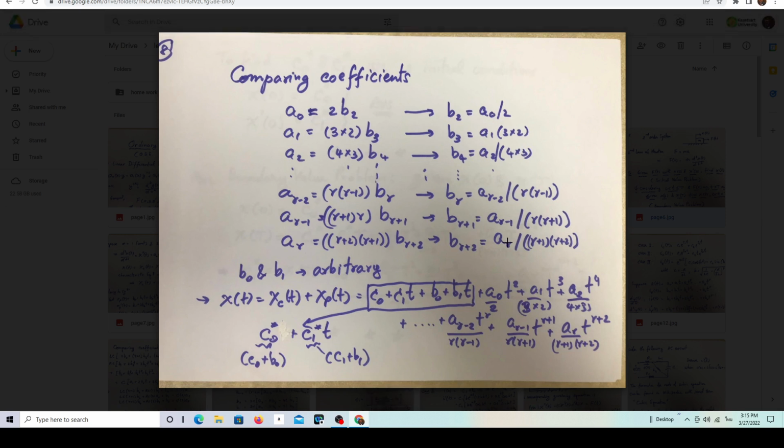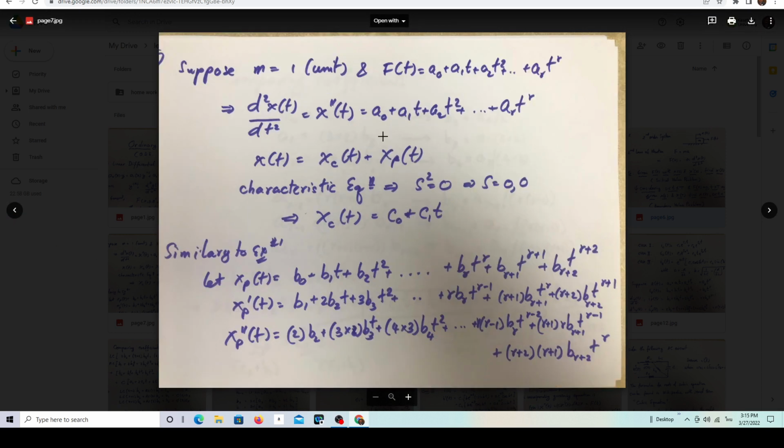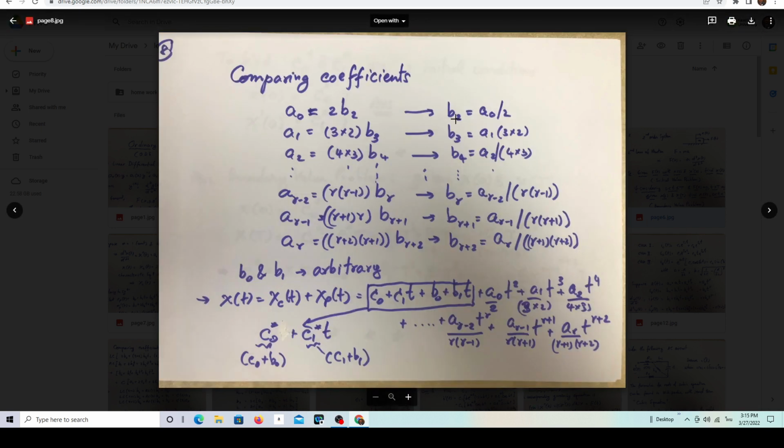You might wonder that this starts from b sub 2, b sub 3, b sub 4 up to b sub r plus 2. But what are b sub 0 and b sub 1? You can find the relationship from b sub 2 up to b sub r plus 2 for given a sub 0 up to a sub r.